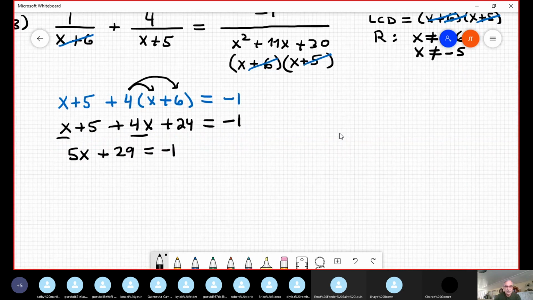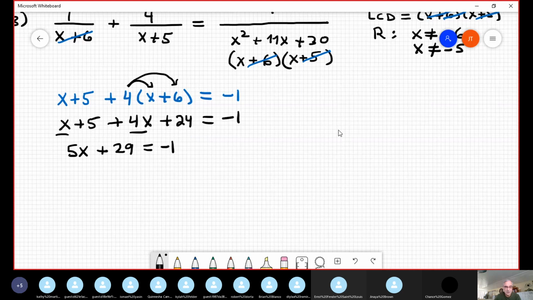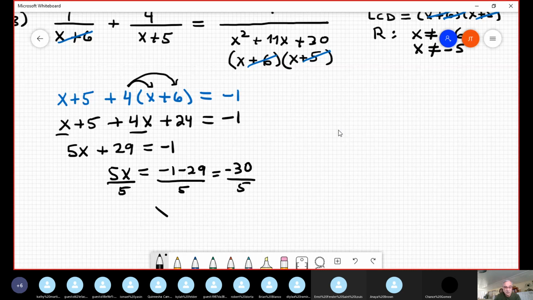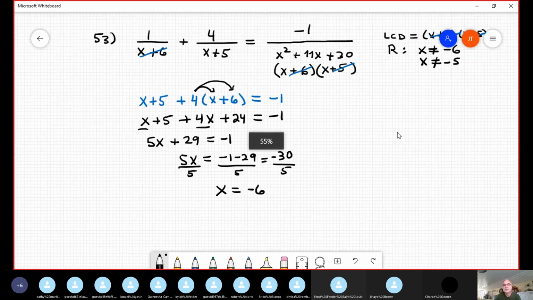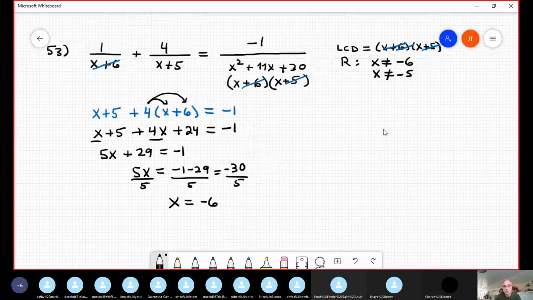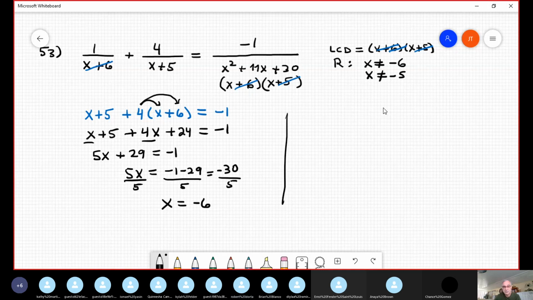Transfer 29: minus 1 minus 29 is minus 30, no? Divided by 5, both sides. x equals minus 6. Minus 6, I compare with the restriction. Yes, it is restricted. It is no solution again.